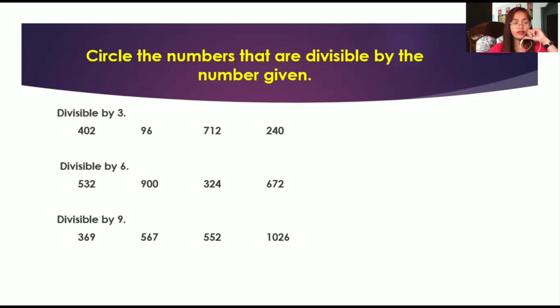What numbers are divisible by 6? Then circle it. The same thing with 9. What you will do is the same: find among the given numbers which are divisible by 9. Then, try to circle it. I am giving you 1 minute to answer the numbers on the screen.